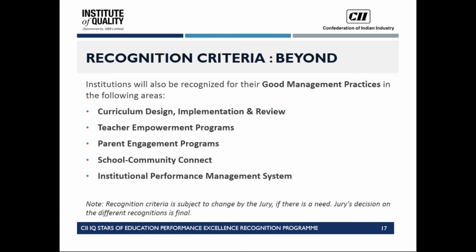So apart from the recognition criteria that we have already seen earlier, the institutions will be recognized for their good management practices in the following areas. That is curriculum design, implementation and review, teacher empowerment programs, parent engagement programs, school community connect, and institutional performance management system.